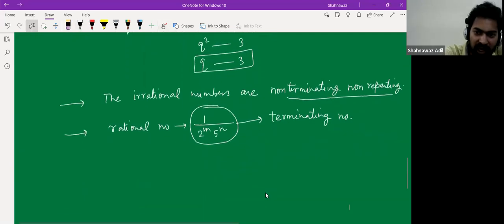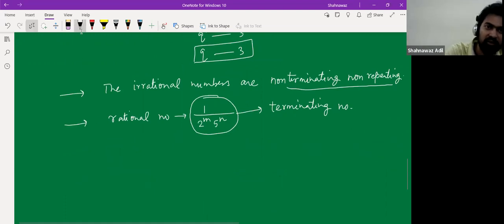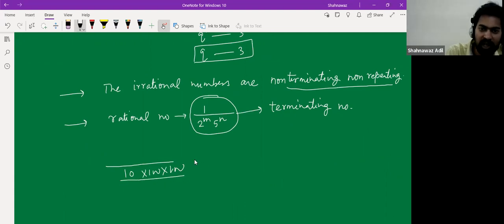Because whenever you have a division by 10 or 100 or 1000, that division will give a terminating number. Let's say you have 1 by 10. So this is 0.1, so this ends here.